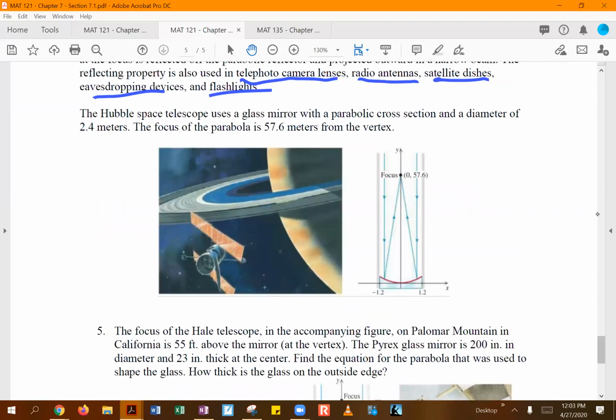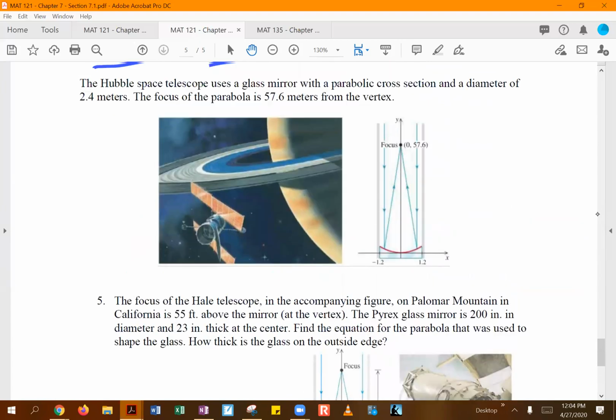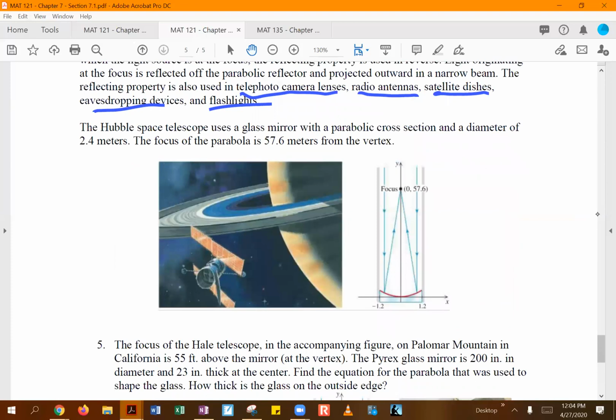And then you have this really neat example where we are talking about the Hale telescope and how they came up with the equation of the parabola for that mirror, which you can see in red over here. What was the equation of this parabolic mirror so that we could get this Hale telescope to work? So again, please make sure you look through the video for 7.1.